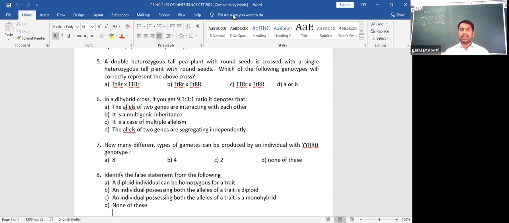There is no involvement of more than two genes here. As per the experiment, it is very clear that only a set of parental genes is responsible. It is not multiple allelism. It is because of the segregation of two alleles independently.